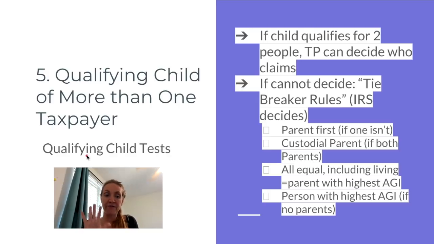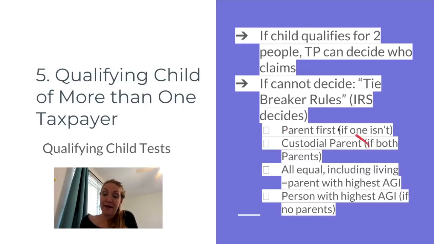So, qualifying child of more than one taxpayer. This is our fifth and final test for the qualifying child test. If a child qualifies for two people, then the taxpayer can decide who claims the child. But if they can't decide, then the IRS decides using the tiebreaker rules. So if one of the people that qualifies is a parent, that person wins.